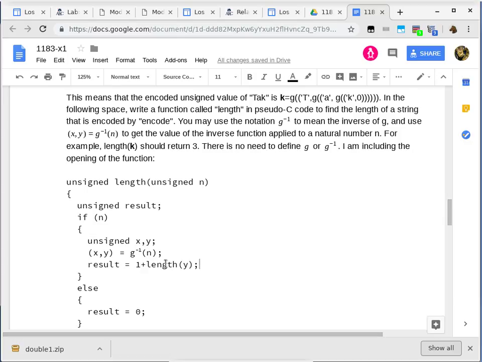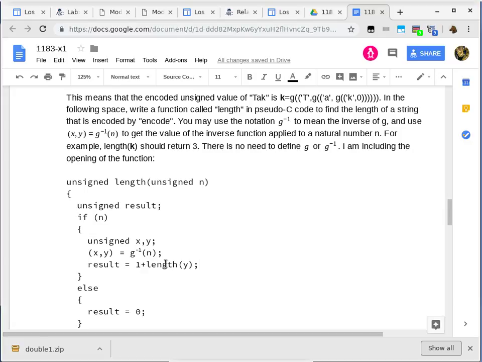When that value of n gets to the second invocation of length and you decode it, the ASCII code of A is stored in local variable x, and the encoded version of K and the null terminator is the y of the second invocation. Then you pass that y to length one more time.